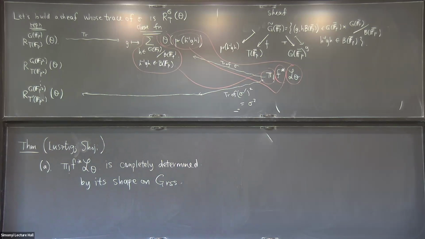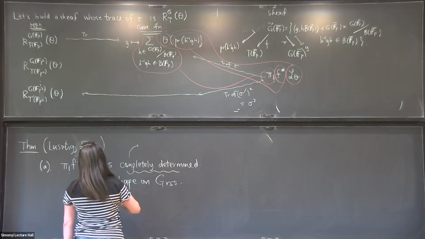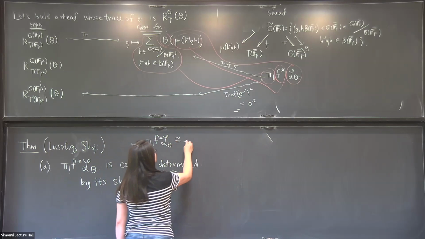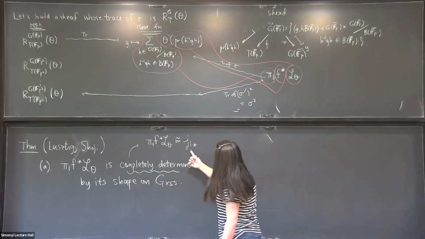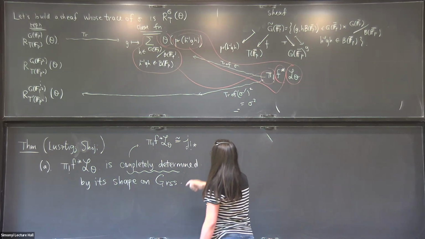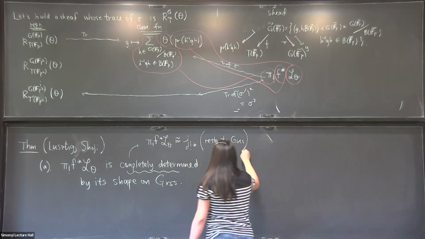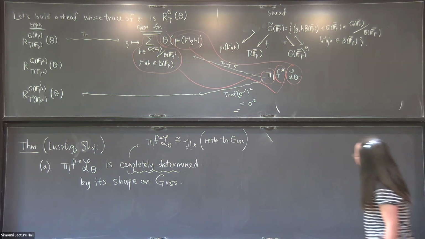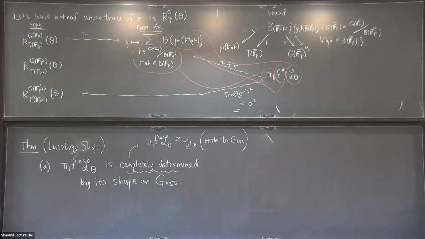And so what completely determined in this case means is the following: this thing is isomorphic to something called the intermediate extension, which is denoted by an exclamation point followed by an asterisk, of its restriction to G_RSS. Yeah, so this theory is due to Goresky, MacPherson, and Deligne, all of whom are here.